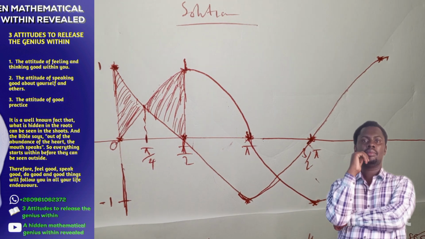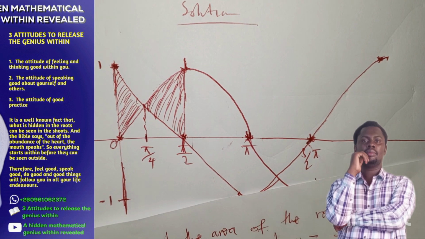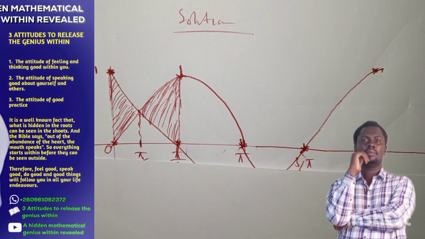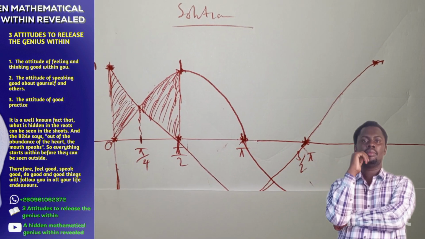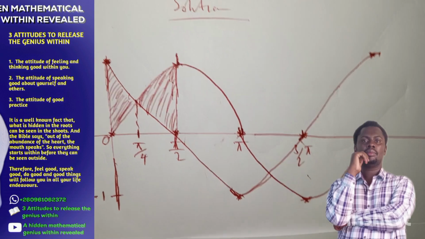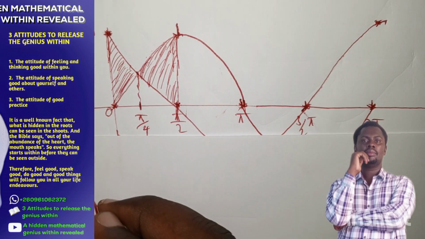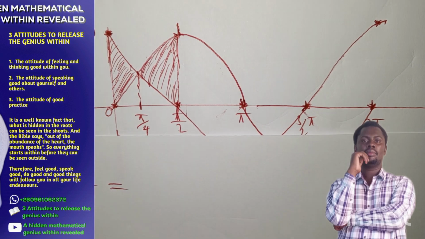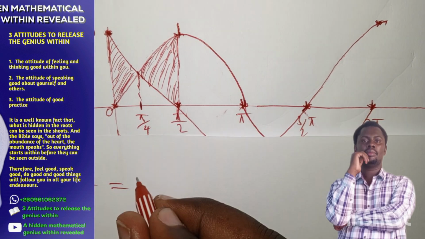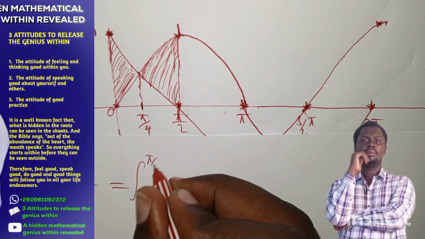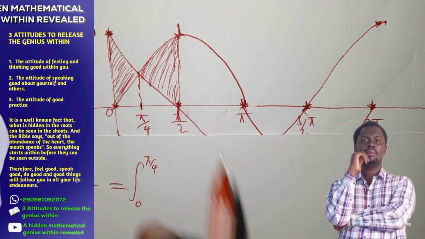Okay, so let's calculate now. Area is equal to the integral from 0 to pi over 4. That is for the first one.